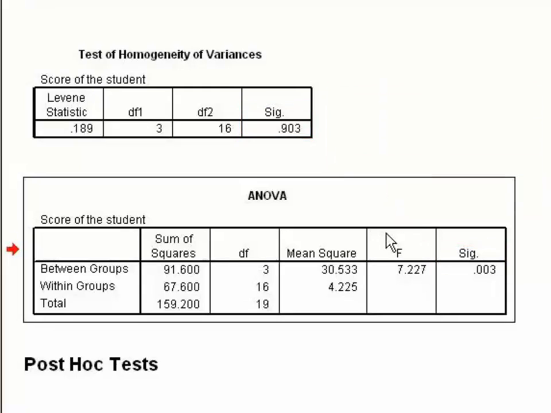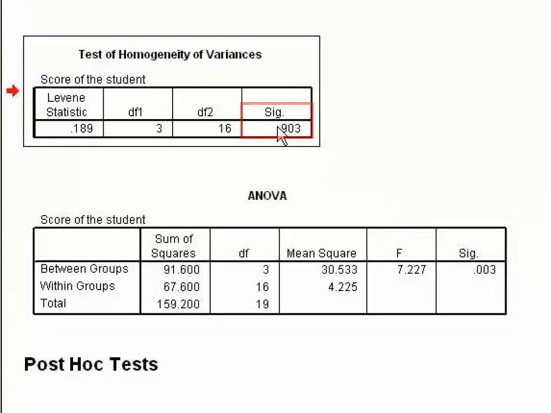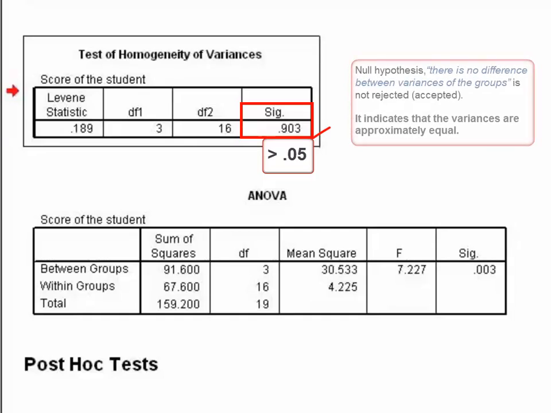In case of the homogeneity of variances test, the sig value 0.903 is greater than 0.05, which implies the null hypothesis, there is no difference between the variances of the groups, is not rejected. It indicates that the variances are approximately equal.